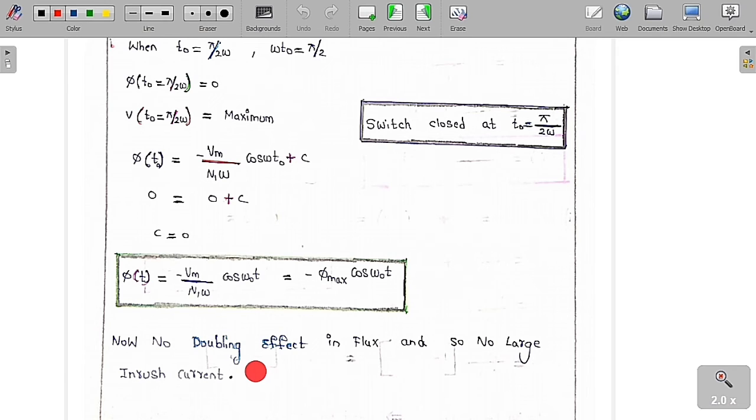So now we have completely removed this huge amount of induced current. Whenever you close the switch at t naught equal to 0, yes, there will be a doubling effect. But if you close the switch at the maximum value of the supply voltage, there is no doubling effect, and therefore there is no high amount of induced current.